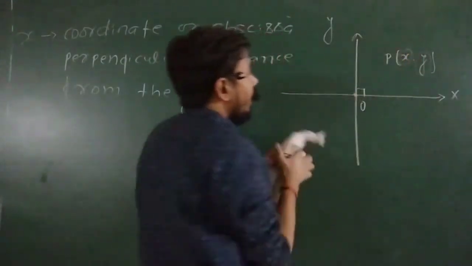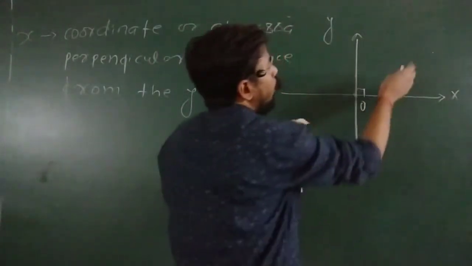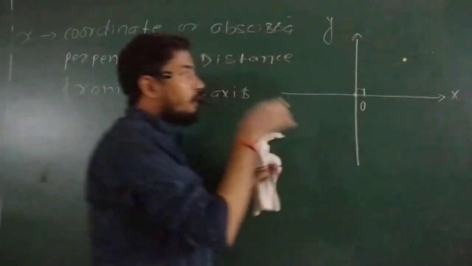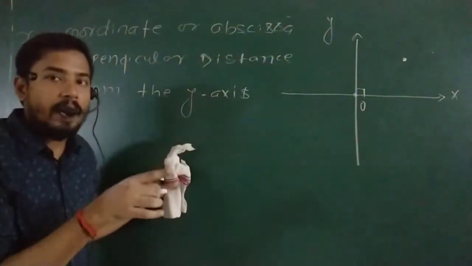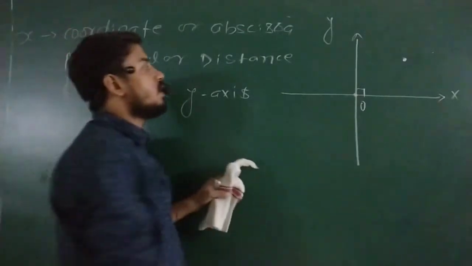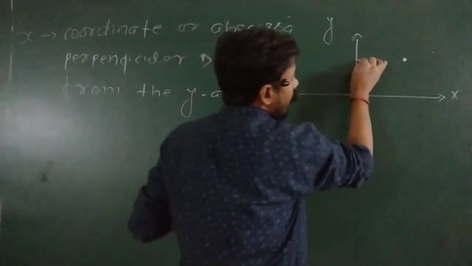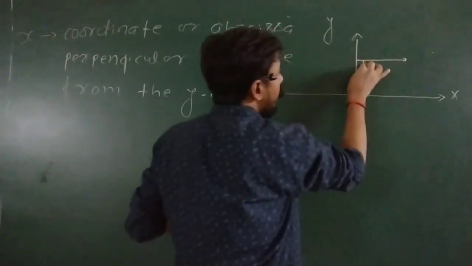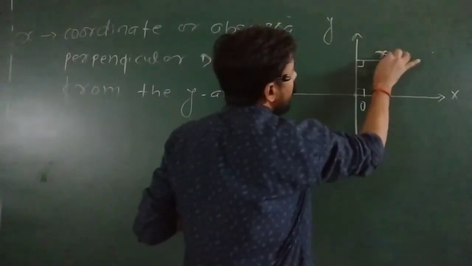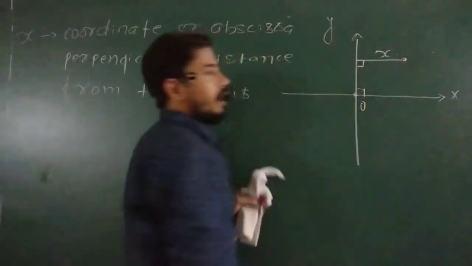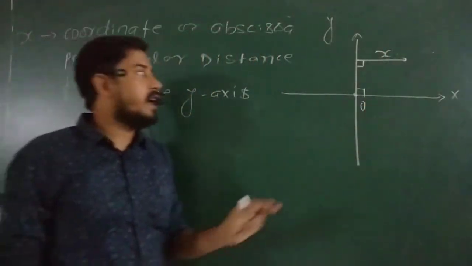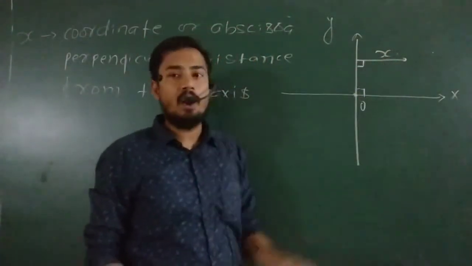So the perpendicular distance of this point from the y-axis, this is the y-axis, so from here its perpendicular distance represents the x coordinate. Getting my points? The x coordinate means the perpendicular distance from the y-axis.